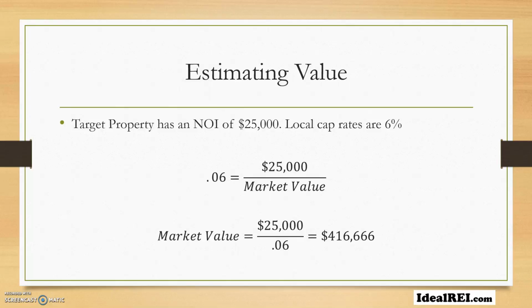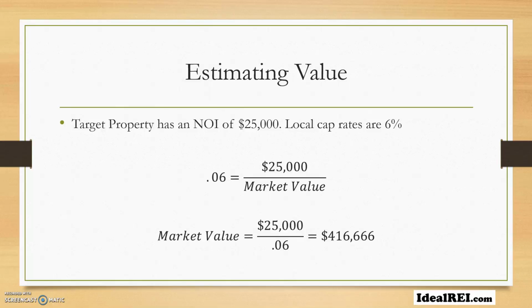So in this example, let's say a property is earning $25,000 per year and the local market has a cap rate of 6%. That means most properties are earning a 6% rate of return on the investment. So you have to adjust the formula and solve for market value, which gives you NOI divided by the cap rate equals your market value.